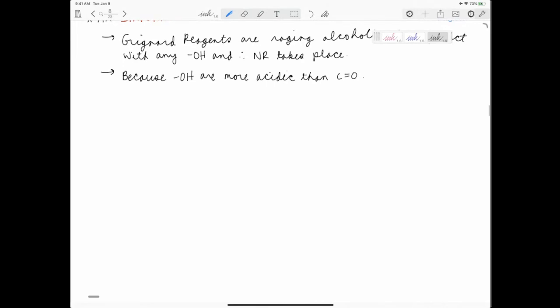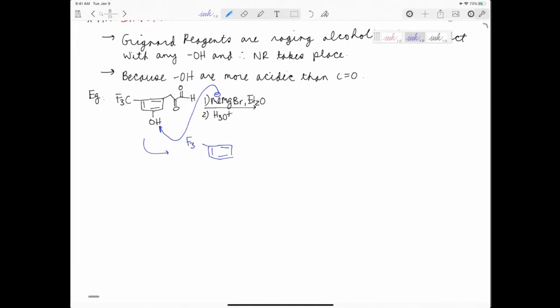Okay, let's look at an example. What happens here is that methyl magnesium bromide is also going to be a base in this case, because it sees the hydrogen atom from the alcohol and is going to deprotonate that right away.